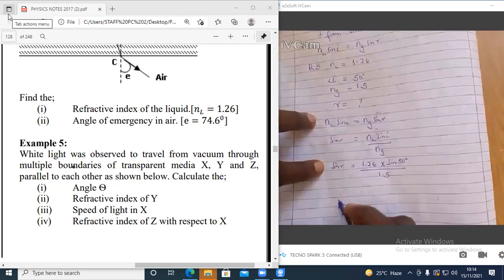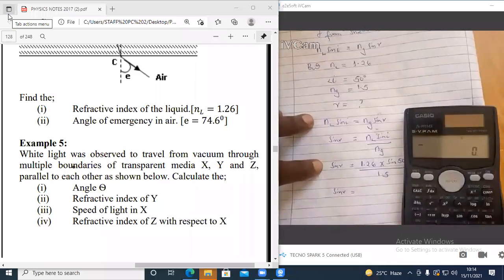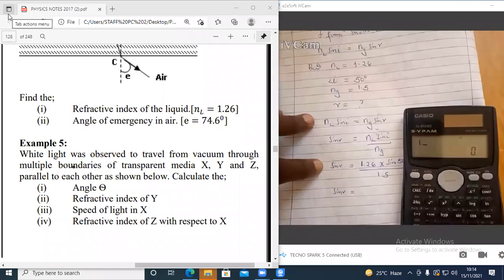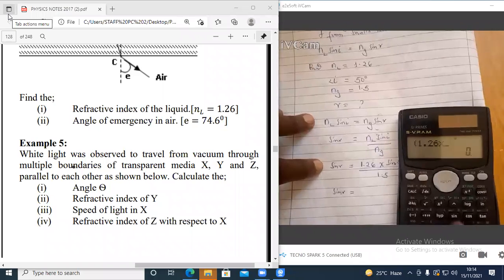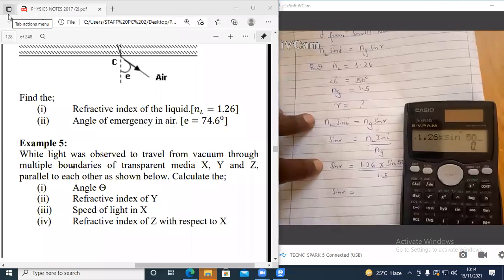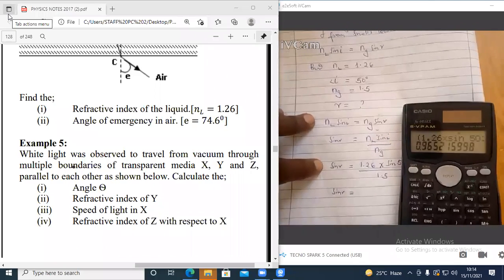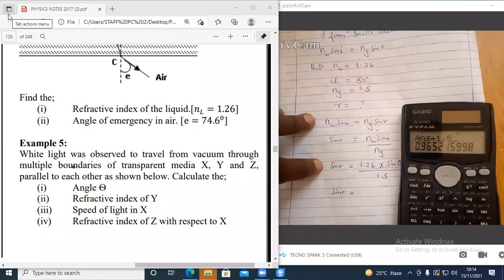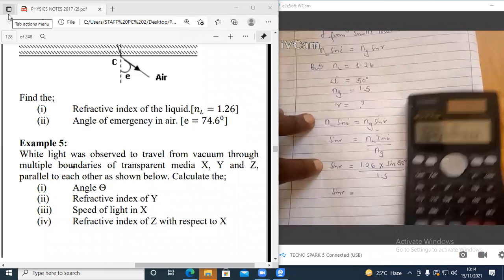Take your calculator: 1.26 times sine of 50 degrees, divide by 1.5. We get 0.643.